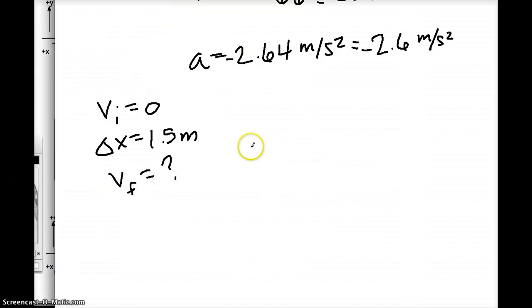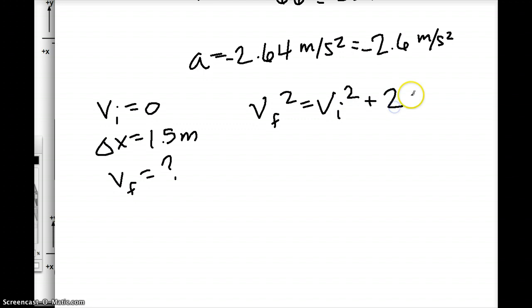Okay, so which equation might help me out here? I know acceleration, I know all these things, and I want an equation that includes this so I can use what I know to figure out what I don't know. And the kinematic equation that's going to be most useful to us is v final squared equals v initial squared plus 2a delta x, where v final is what we're trying to solve for.